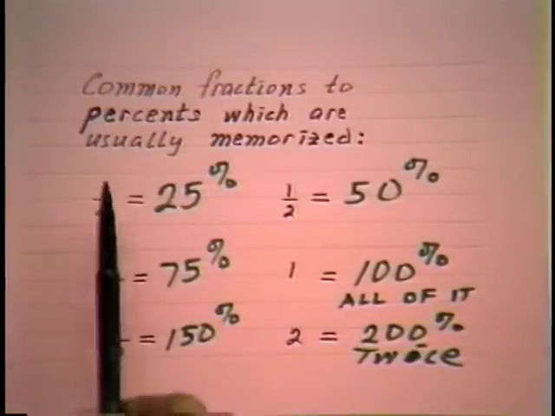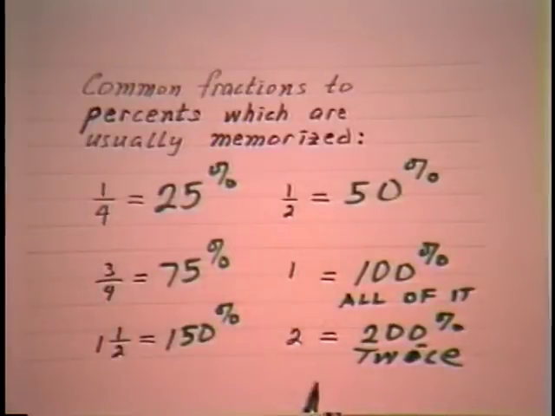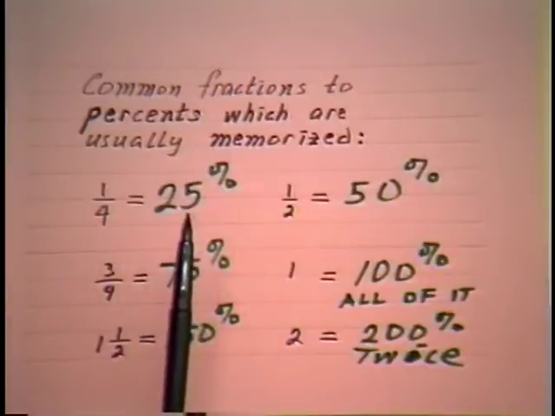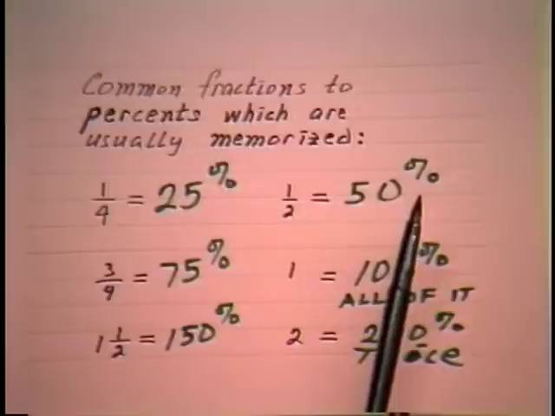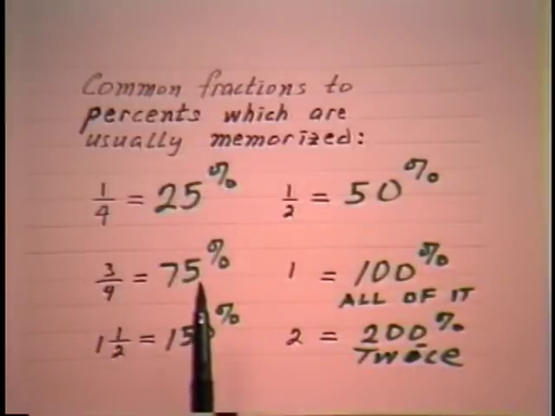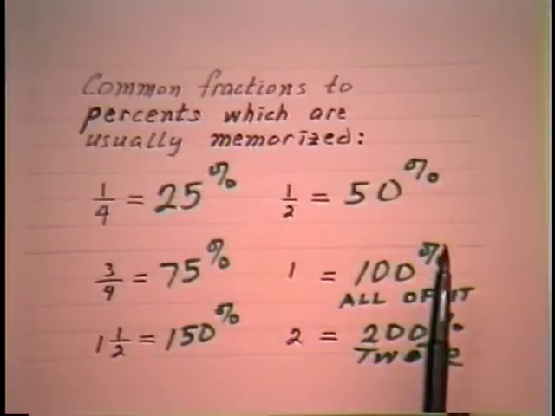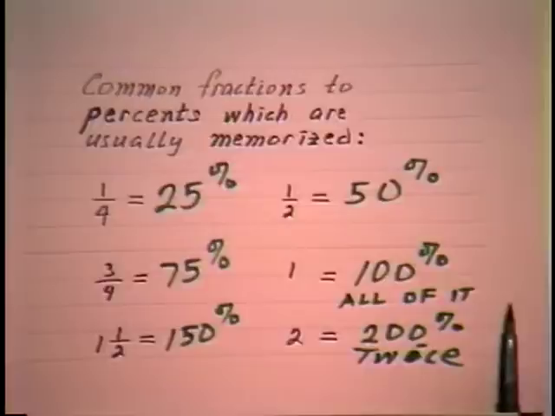As a matter of fact, here are 6 more fractions or whole numbers as well to memorize. 1/4 is 25%, 1/2 is 50%, 3/4 is 75%, the whole number 1 is 100%, and also the phrase "all of it."